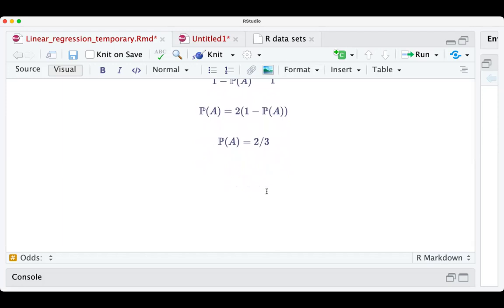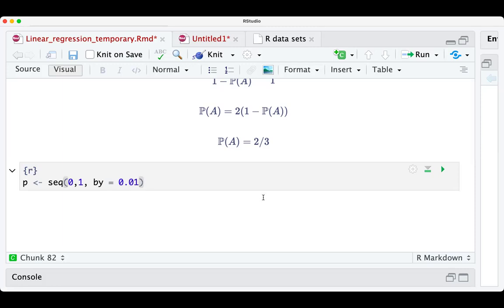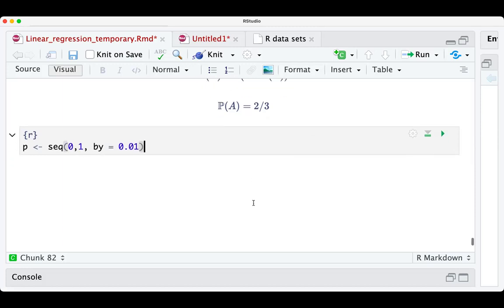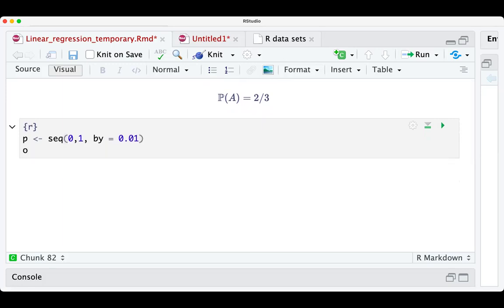Okay, so maybe let's plot this function. Let's take p from 0 to 1, a vector that goes from 0 to 1. It's simpler to see what p is by looking at its values.